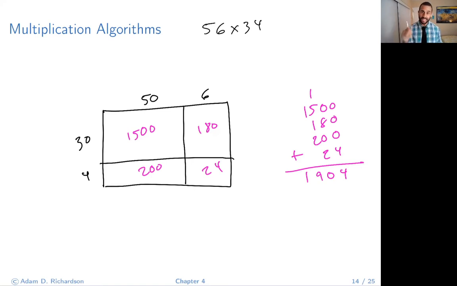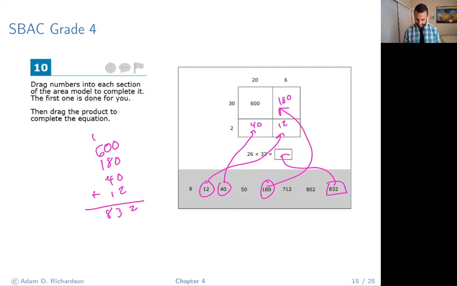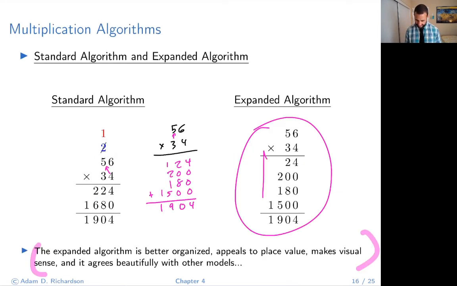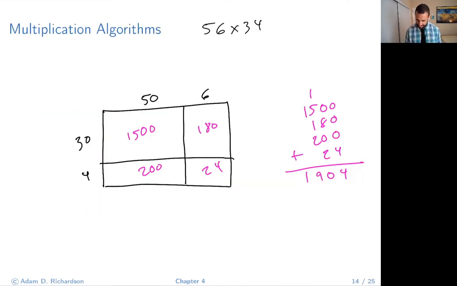Because that's the exact same structure that you get when you do the expanded multiplication algorithm. Check it out, there it is, the exact same structure, and you can show it with the area model. How beautiful is that? I could even just put that stuff right here, 56 times 34.